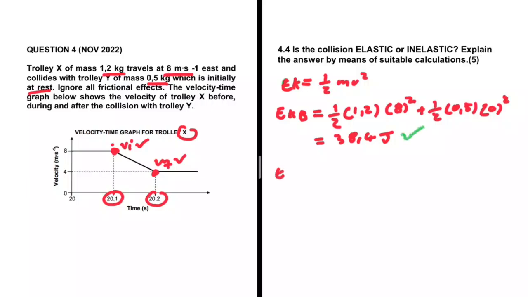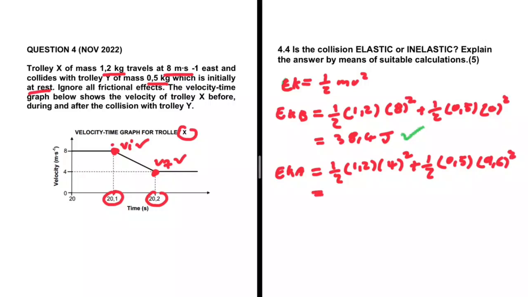Let's go ahead and take a look at the kinetic energy after the collision. We're going to have a half, concentrating on trolley X first. The mass is still 1.2. The velocity is 4 meters per second. We square that, plus the kinetic energy of trolley Y. The mass is 0.5 and the velocity after the collision, which we calculated in 4.2, is 9.6, and we square that.